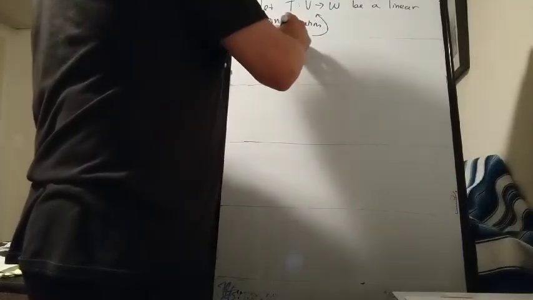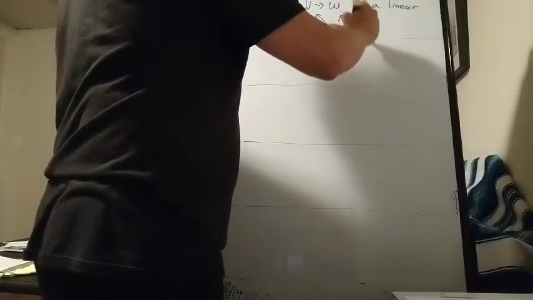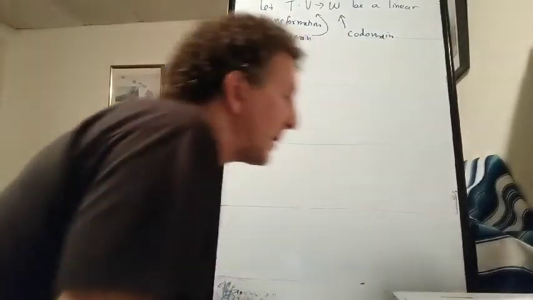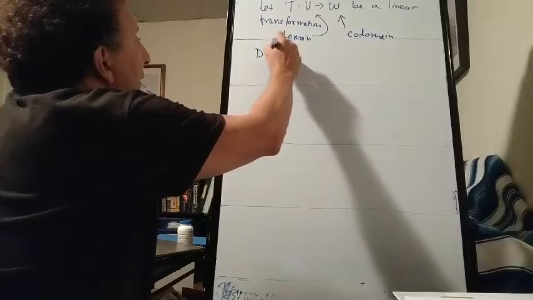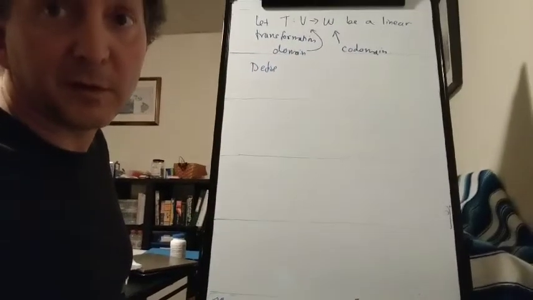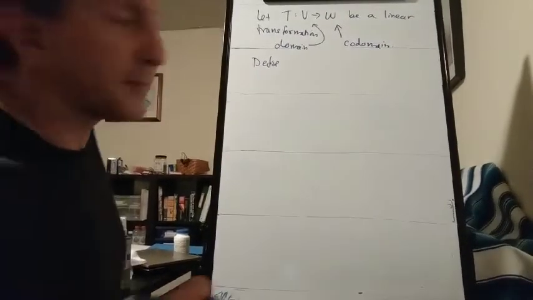So V is called the domain, and W is called the codomain. Those aren't the two subspaces, those are spaces. We're going to look at subspaces of those.